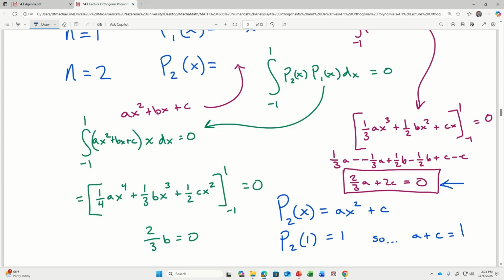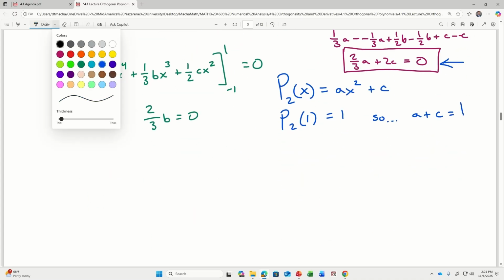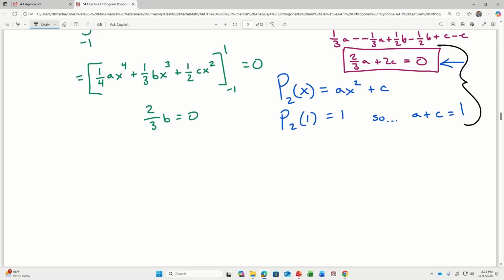So I've got a system of 2 equations with 2 unknowns. Here's one equation, here's the other. And I'm going to write them one on top of the other so you can see. All right, a plus c equals 1, and 2/3 a plus 2c is equal to 0. Let me take the first equation and multiply it by a -2 to get -2a minus 2c equals -2.